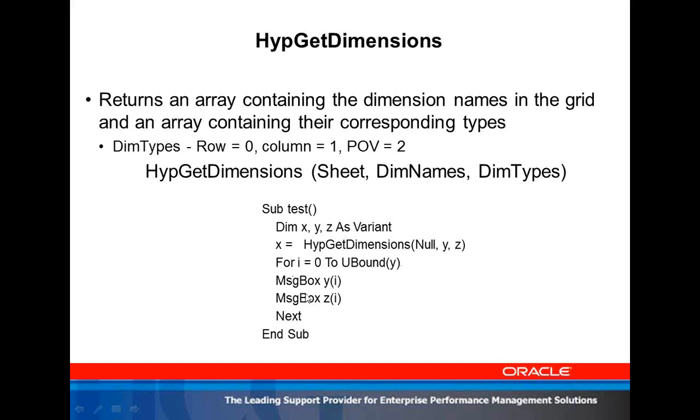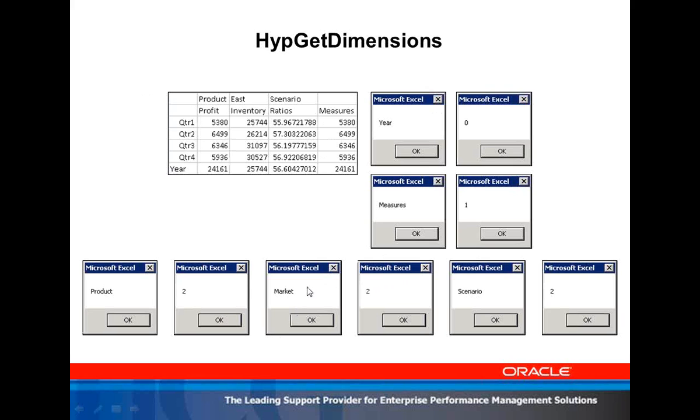And when I run this macro with this loop, For and Next here, what I get is that Year is a 0. Well, that's in the row dimension. Measures is a 1. That's in my column area. And Product, Market, and Scenario are all 2s. They're up here in the POV.